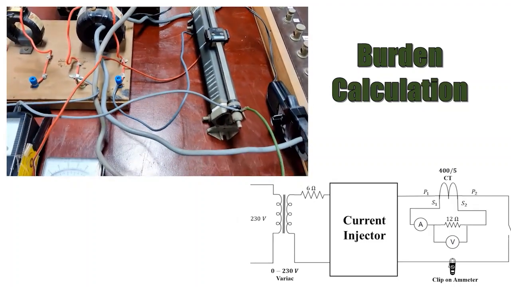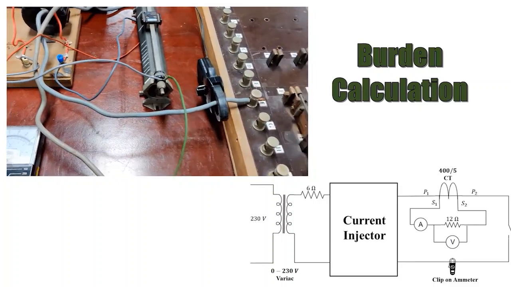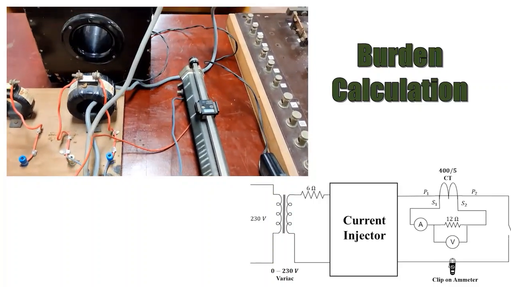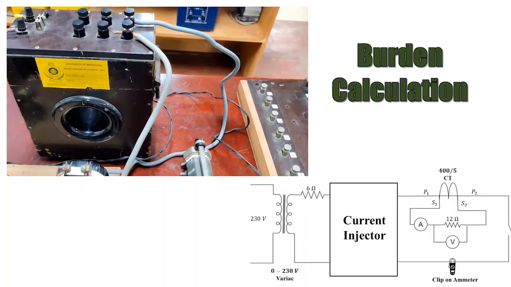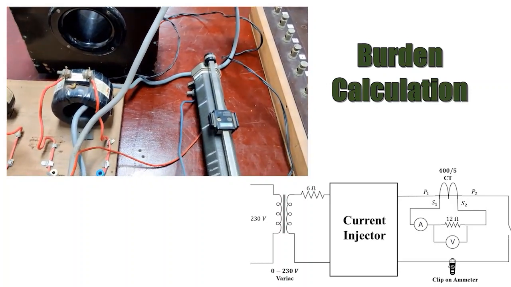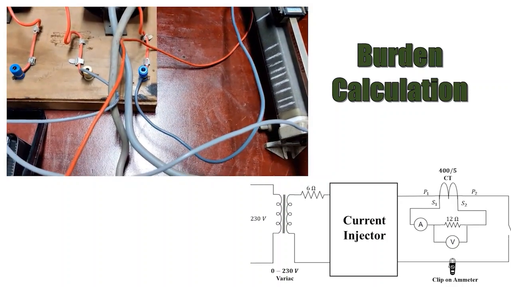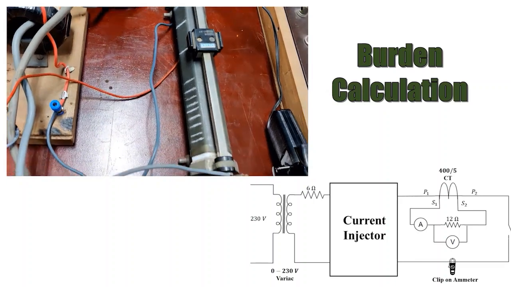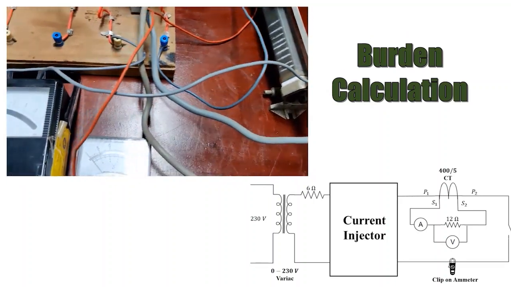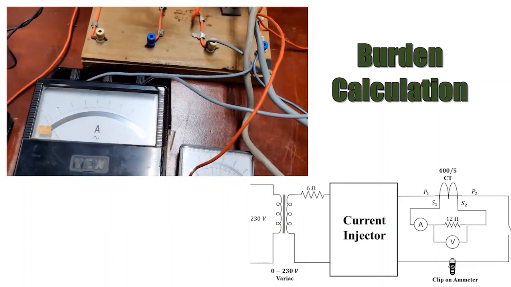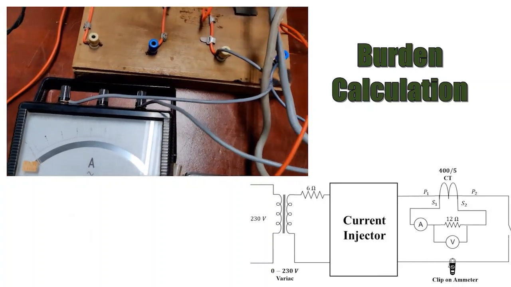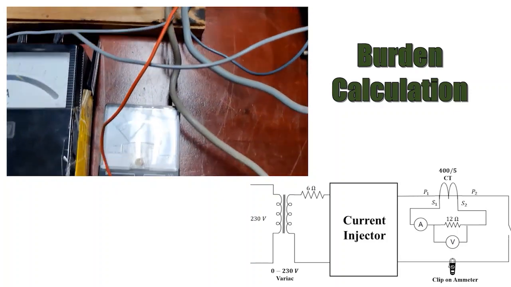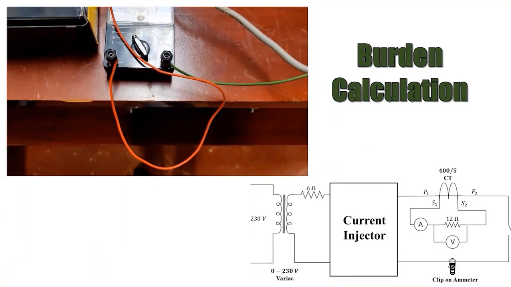The only difference in this part is that we are connecting a resistor to the secondary side of the ring type CT. Here you can see the burden resistor. Then we measure the current through the resistor and the voltage across the resistor. You can refer to the circuit diagram to understand the connections.